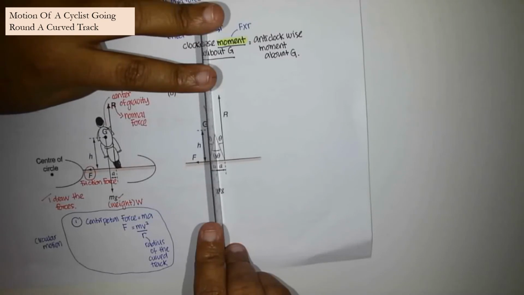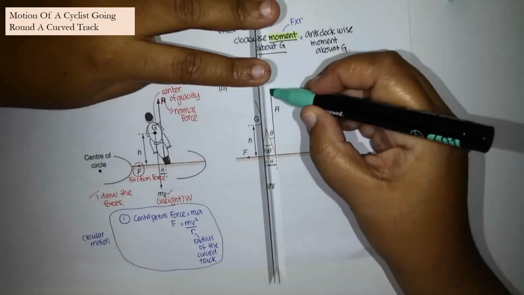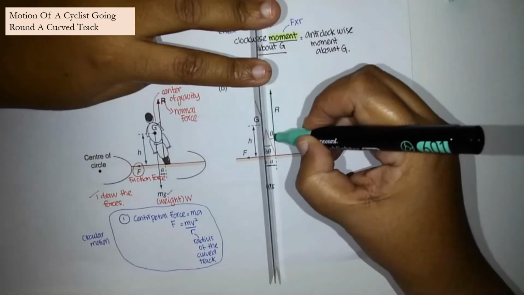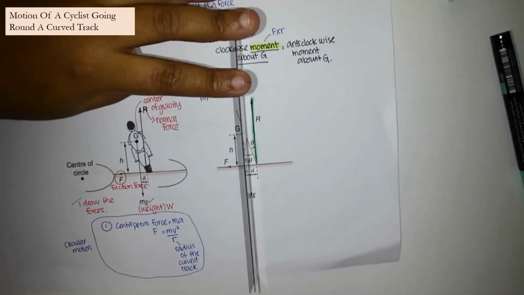Then we have two forces here: one is R and one is F. I'm going to take a green color and look at R. How do I know whether R is clockwise or anti-clockwise?